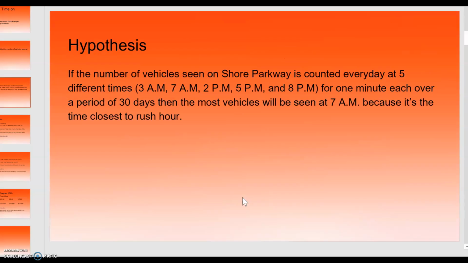If we're talking about closest to rush hour being 7 a.m., this is just my opinion, I would have made it 6 in the morning, 6:30, 7, 7:30, and 8, which would have been a better way to reference exactly whether that's going to be 7 a.m., because these other numbers are way out there.